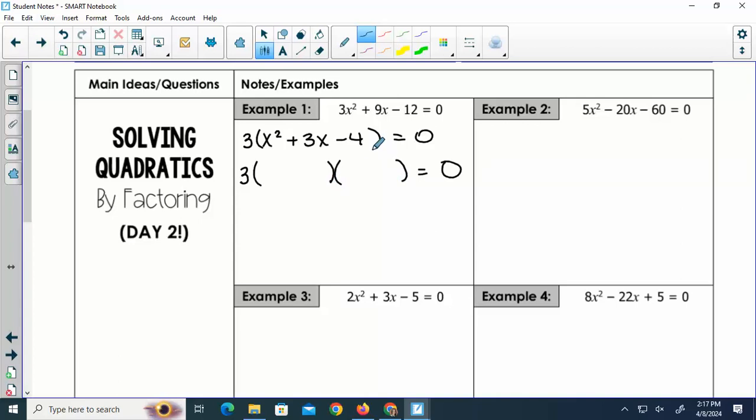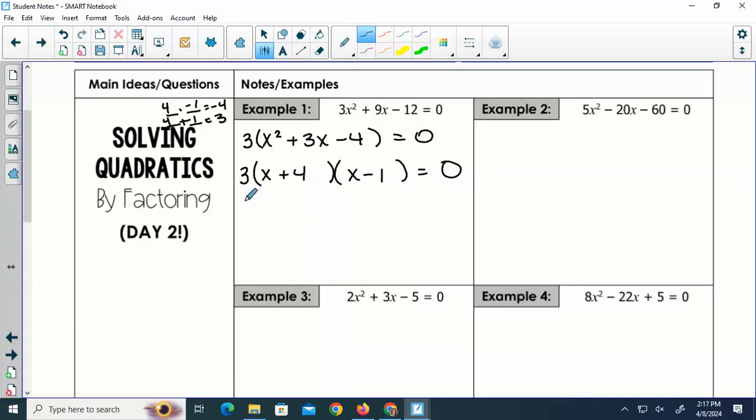We need 2 numbers that multiply to a negative 4 and add to a positive 3. Positive 4, negative 1. So that's x plus 4 and x minus 1.